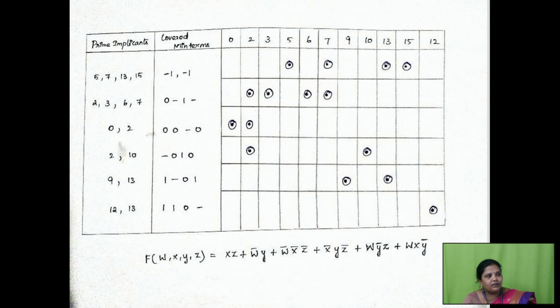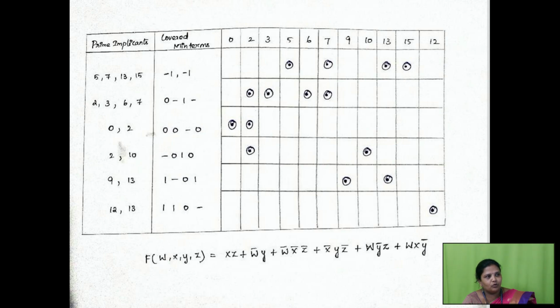Here all the minterms are covered, so we have to consider all of them. Here 5, 7, 13, 15 gives dash 1 dash 1, that is xz. In the second term we have w bar y, and for 0, 2 we have 0, 0 dash 0. Here we write w bar, x bar and z. If we have a 1 we take w.